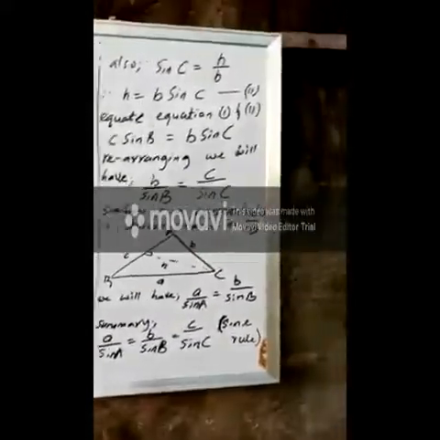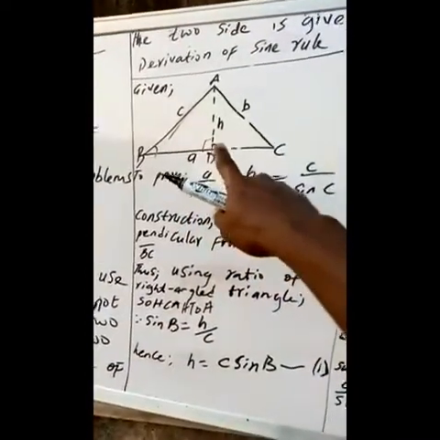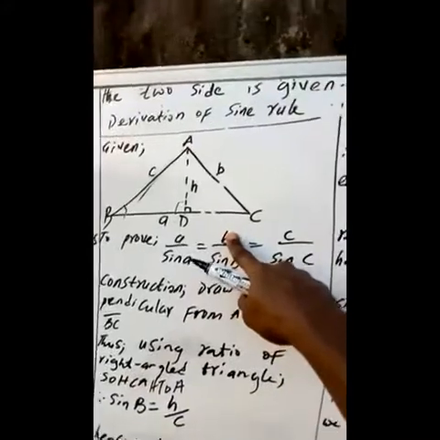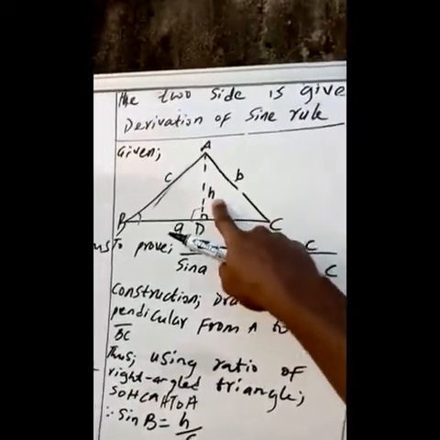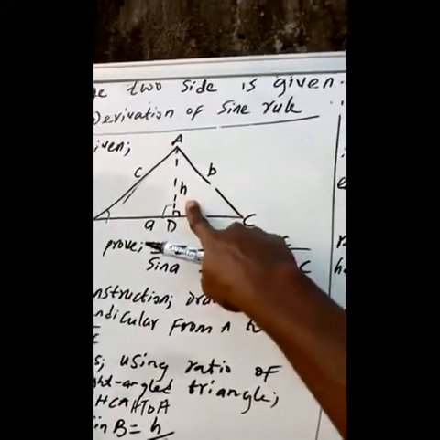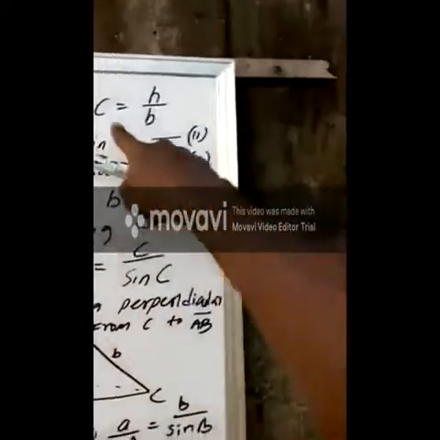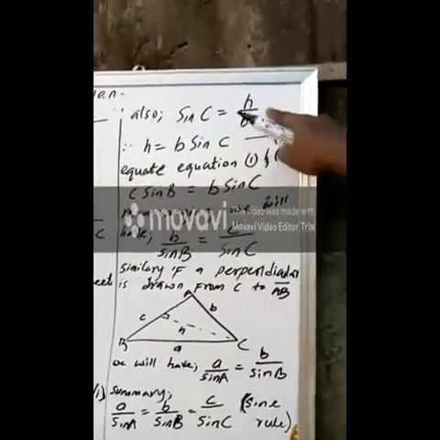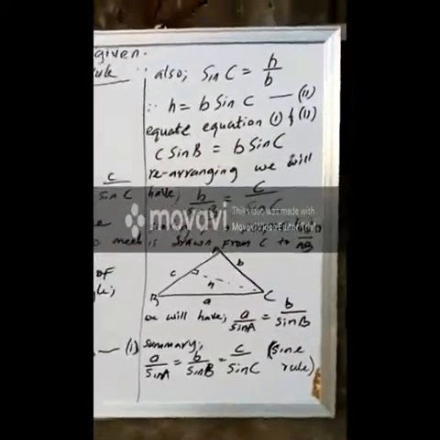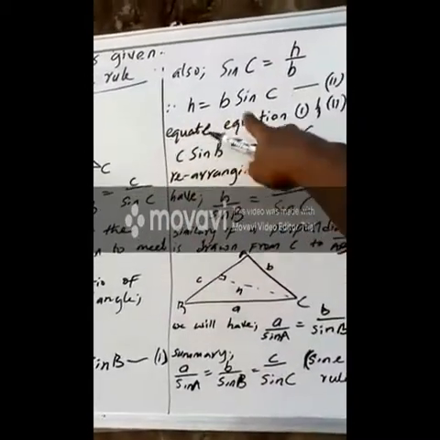Also, from the same triangle, sine C is H over b, opposite over hypotenuse. Making H the subject, we have H is equal to b sine C.